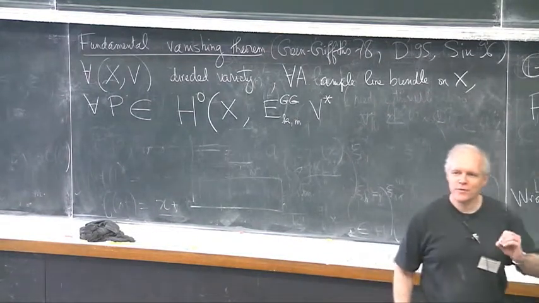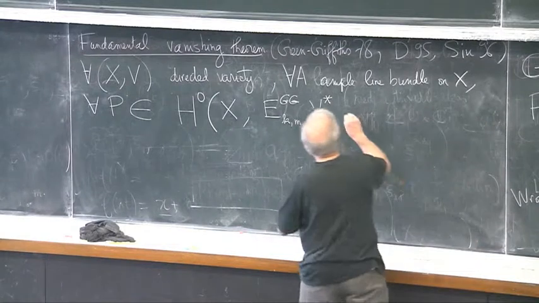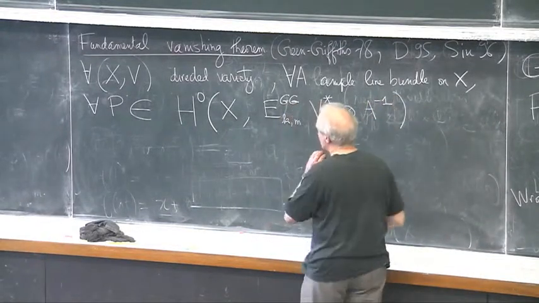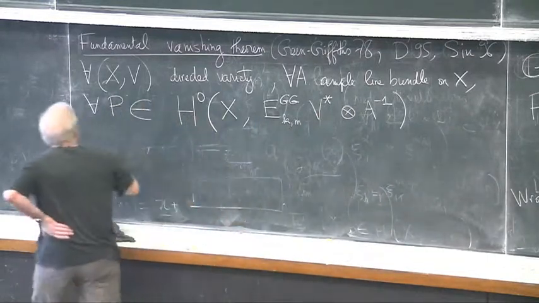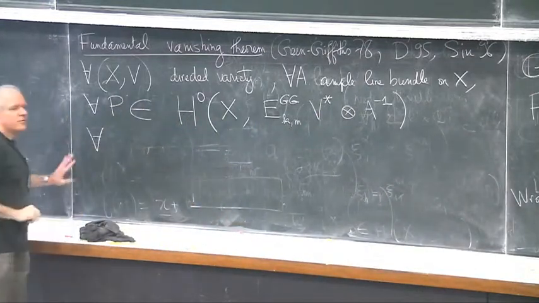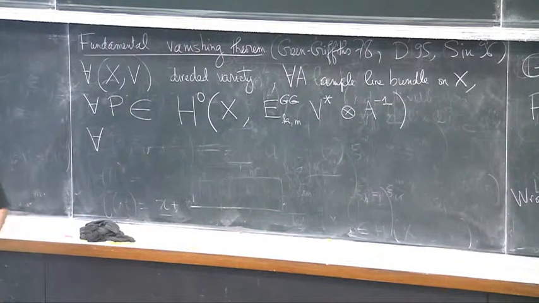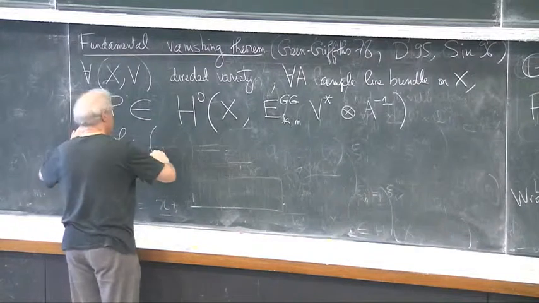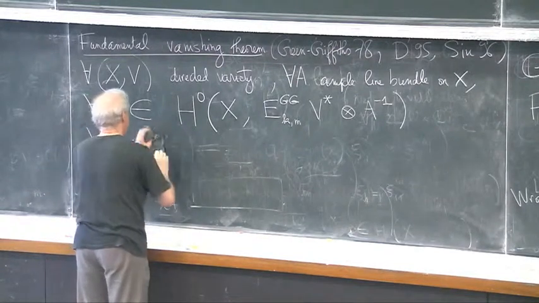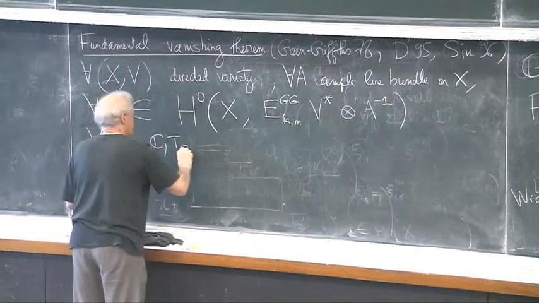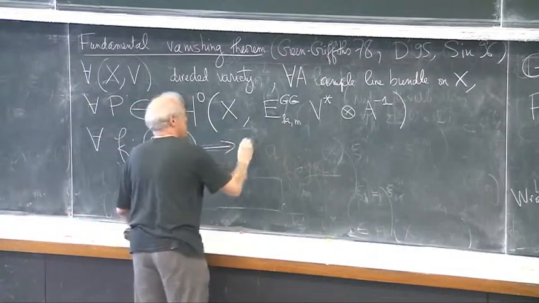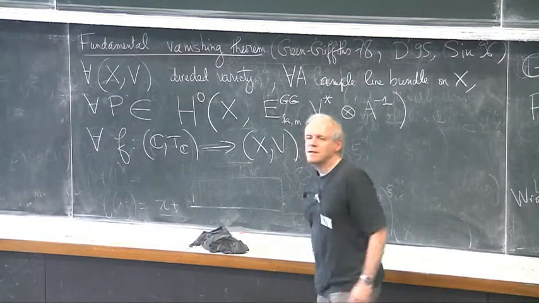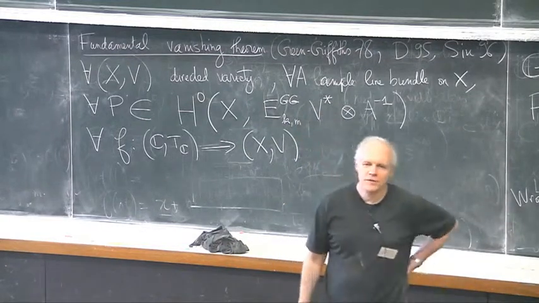So because of this, you have to subtract a little bit of A. And now you have, for all quantifiers, for all entire curves tangent to E, then automatically f is a solution of that equation.